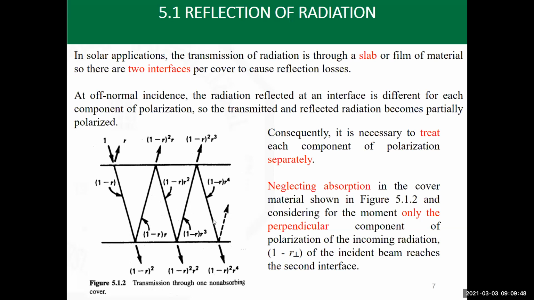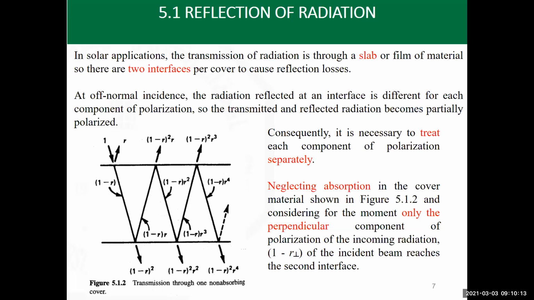This keeps on. If you follow the ray as it moves here, you can find that the values are being attenuated, or reduced, by that factor. So in solar applications, the transmission of radiation is through a slab. A slab is a plate of glass that has two surfaces, upper and lower.